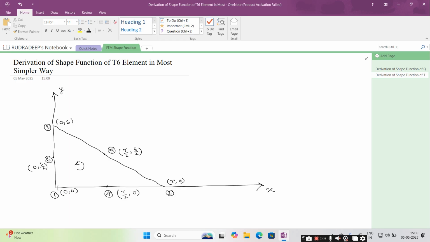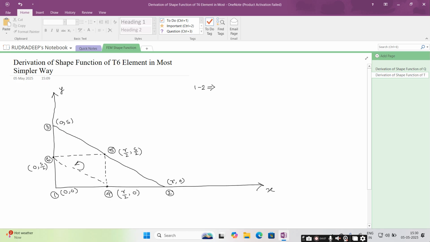So in that way, I have to take some imaginary lines here. I need the equation of this line, I also need the equation of this line and this line too. So first of all, I will write down the equations of those lines.